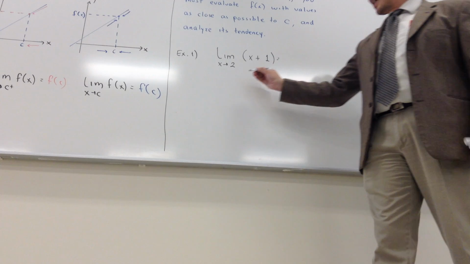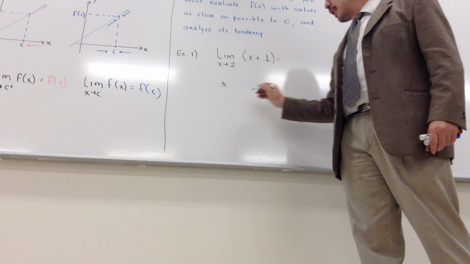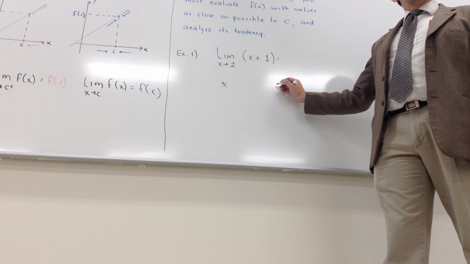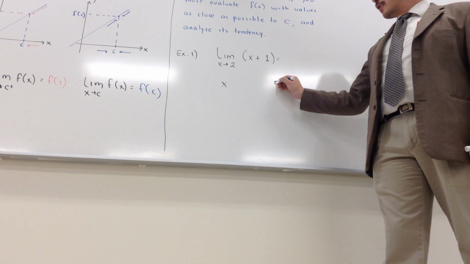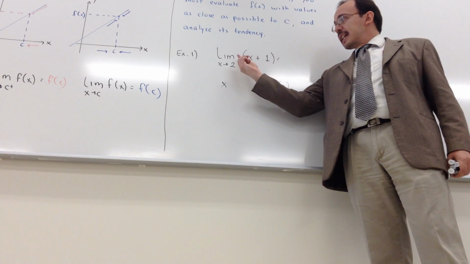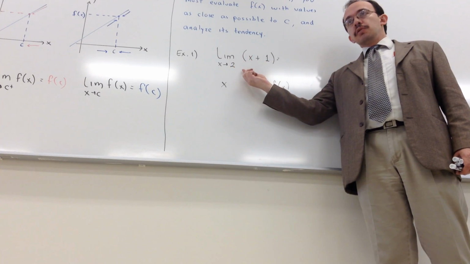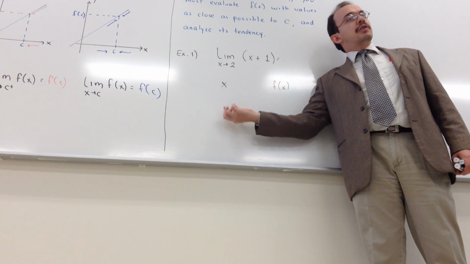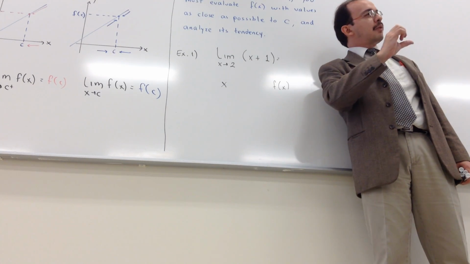What I'm going to do is give values to x and substitute in the function to get a value. So for example, if it says limit as x approaches 2, that means that I'm going to give values to x as close as possible to 2.